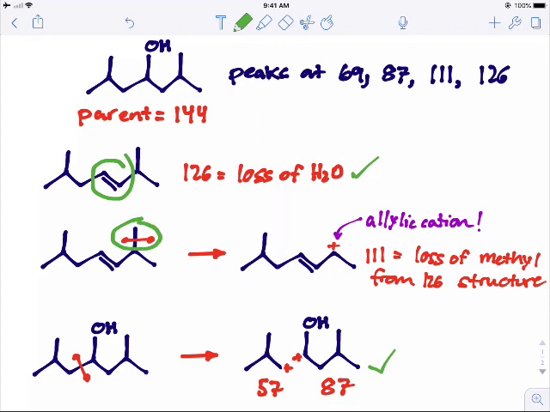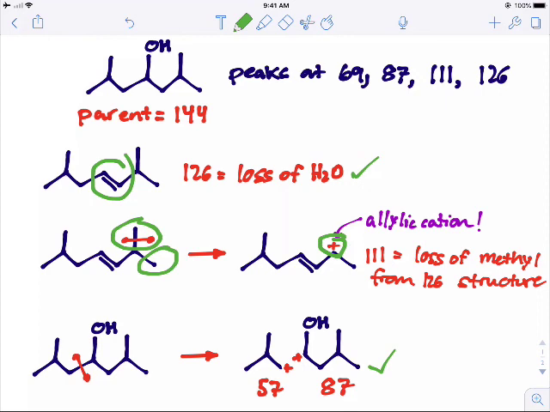The reason I'm choosing that methyl group, or in fact this methyl group as well, they're equivalent, is because losing the two methyls in green as methyl radicals would leave us with an allylic cation. That cation is in the allylic position, adjacent to that double bond, which means it's resonance stabilized. So 111 comes from loss of a methyl from our 126 structure to give us an allylic cation.